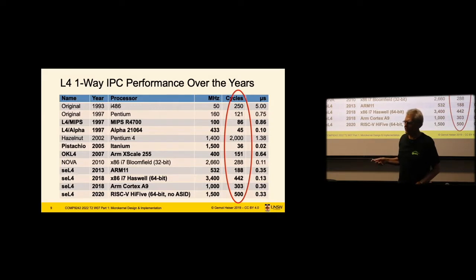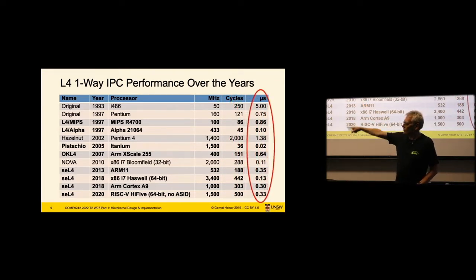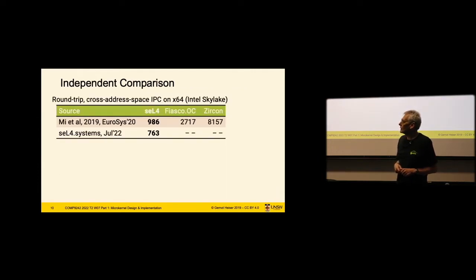That's on a small, relatively slow processor, and it can be done much better. And of course, if you look at that in terms of microseconds, like the actual latencies, yeah, things have improved a lot, and again with ups and downs depending on the hardware. But we're consistently at fractions of a microsecond these days.